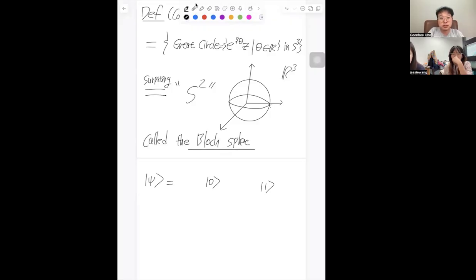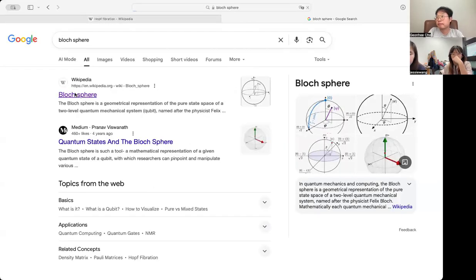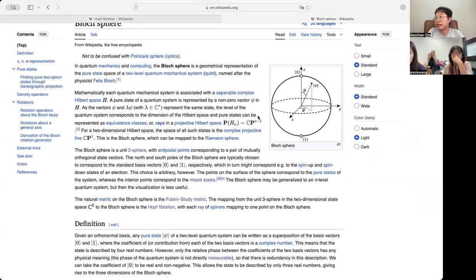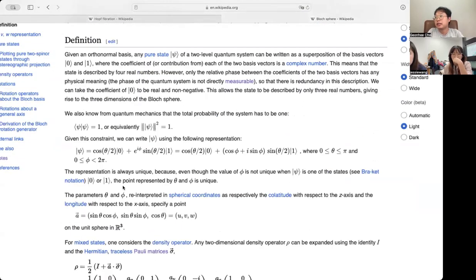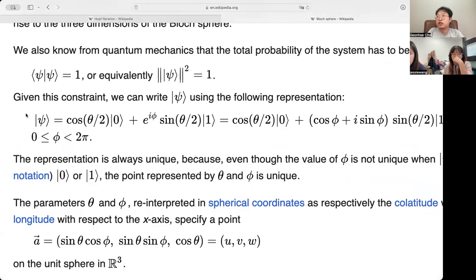If you just search the Bloch sphere, now you have a two-dimensional sphere. This is indeed a two-dimensional sphere, and each one qubit is written like this.